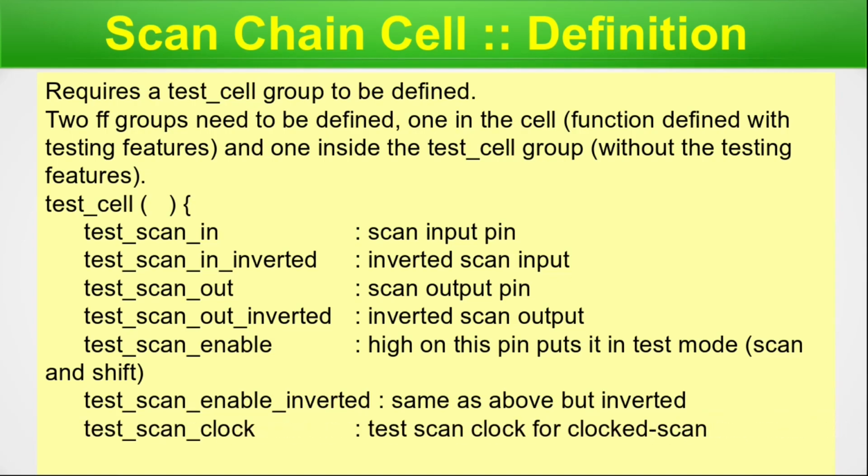Test scan clock, the test scan clock for clock scan, and here we close the test cell. So there will be two instances, one inside the test cell group, another in the regular section. So thus the scan chains are defined. One thing we mention here is that the scan flip-flop has a similar structure as the regular flip-flop mentioned in the last slide, and these are used for testing purposes of the chip. So we are done with this particular slide, so let's move on.